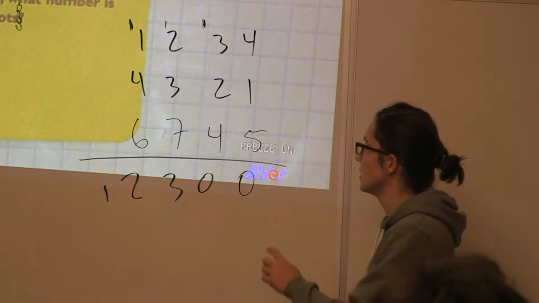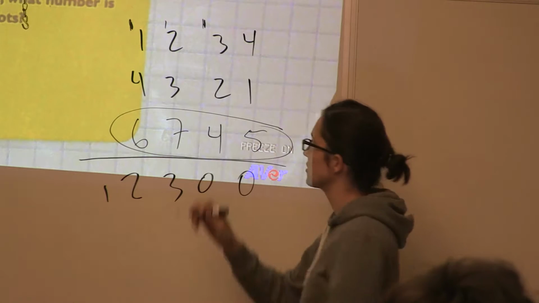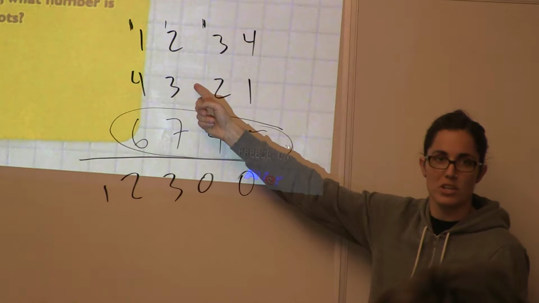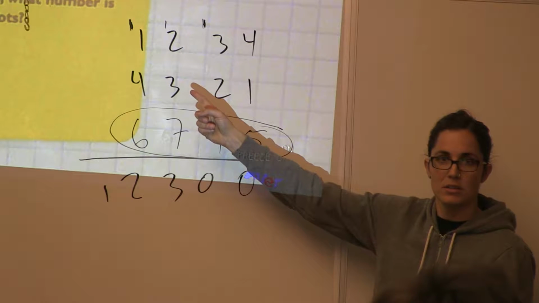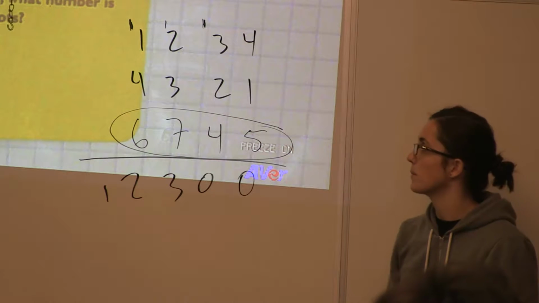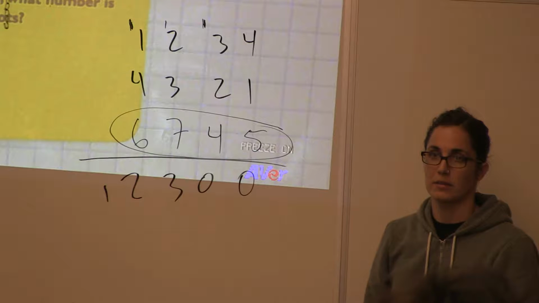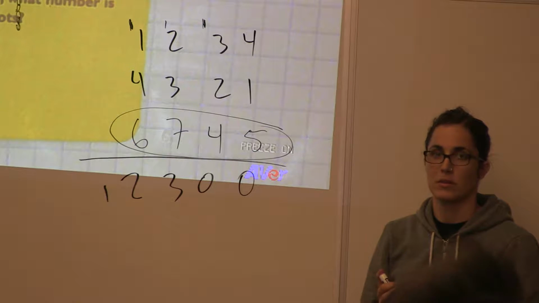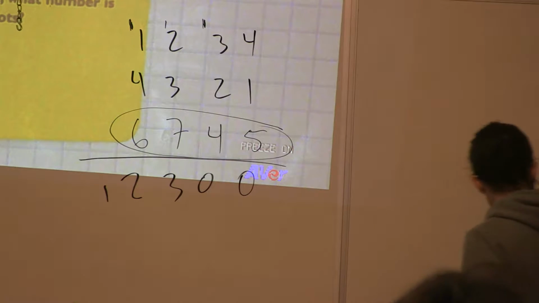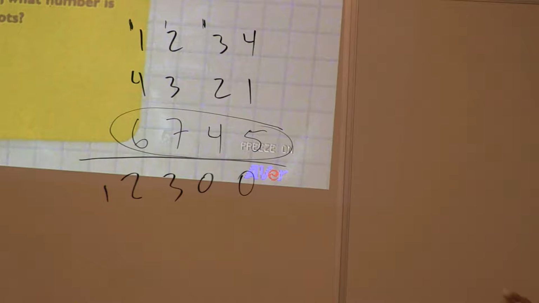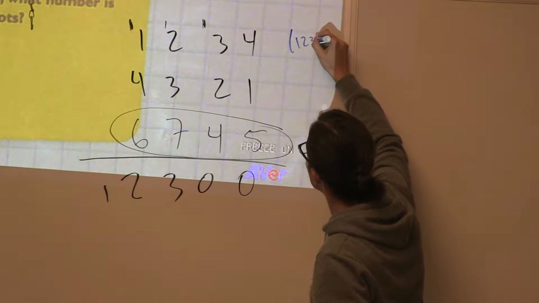Now, this is not the answer because these are not the same 4 digits. You have to use the numbers 1, 2, 3, 4 in every single one of the 4 numbers. This was a guess, the numbers 1, 2, 3, 4.